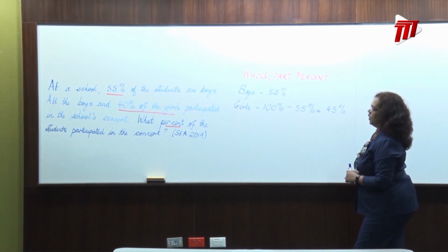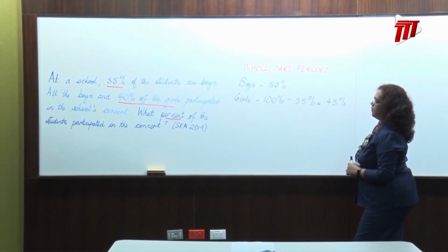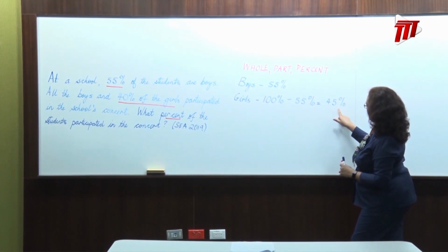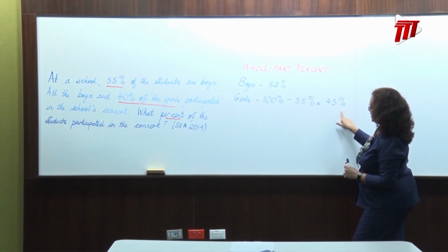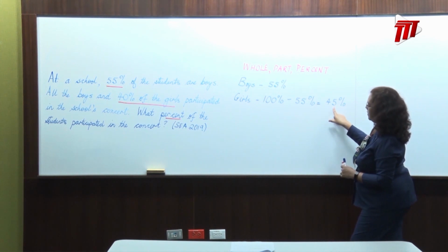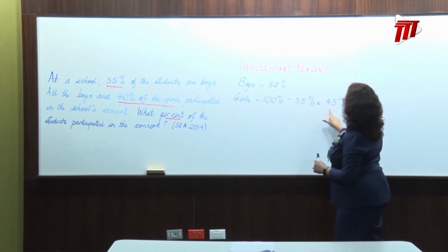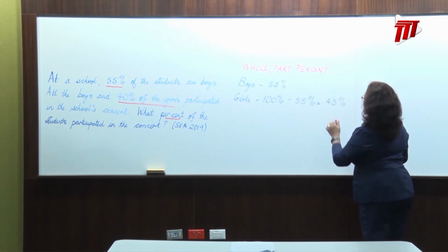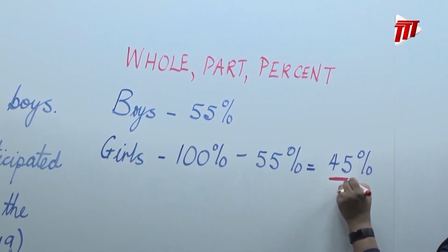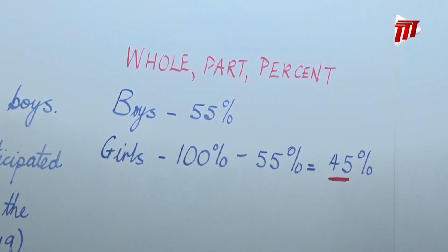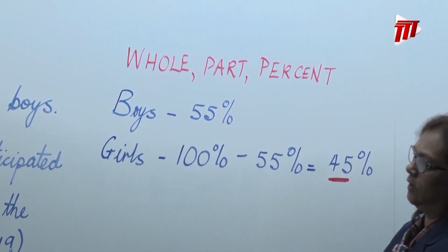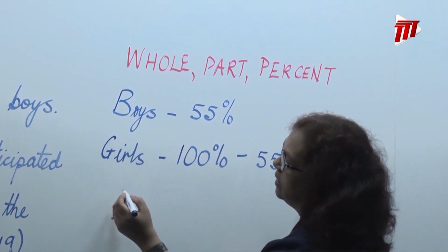So what we are going to do in this part of the problem is to use this 45% as the whole number of girls. And then I'm going to find 40% of this. So I'm going to treat 45 as a whole here. And then I'm going to find 40% of the 45.